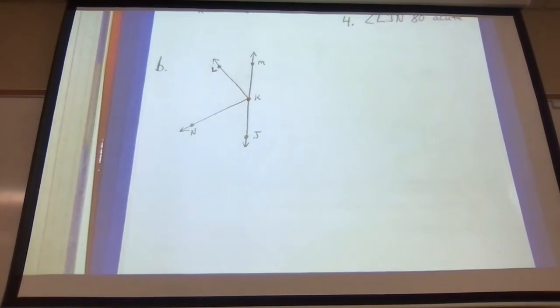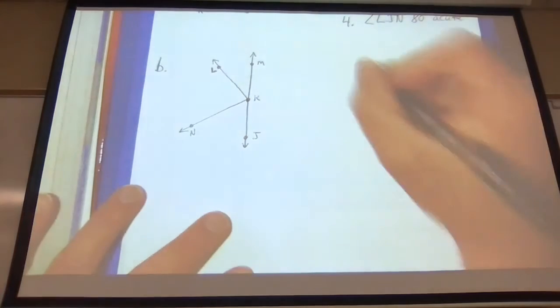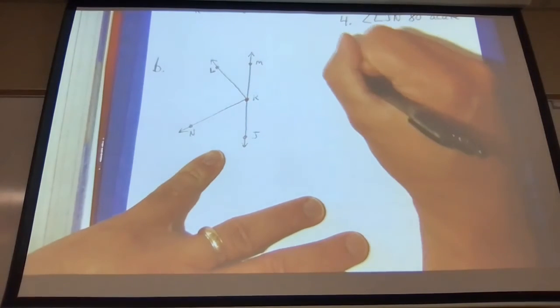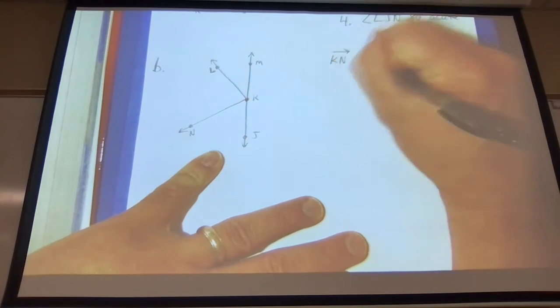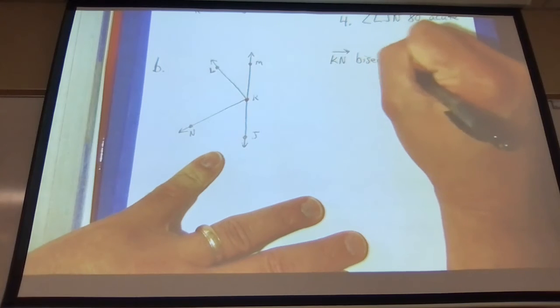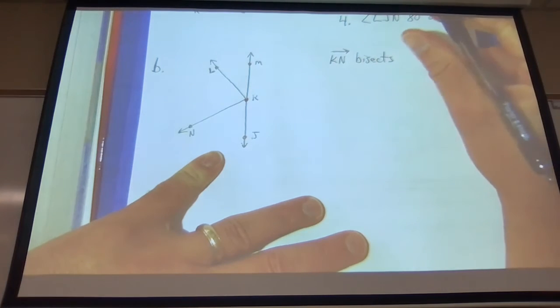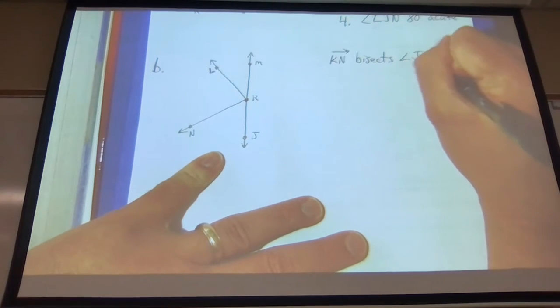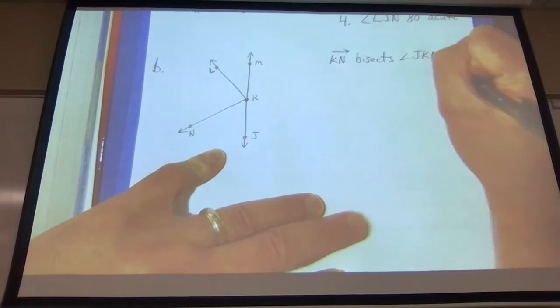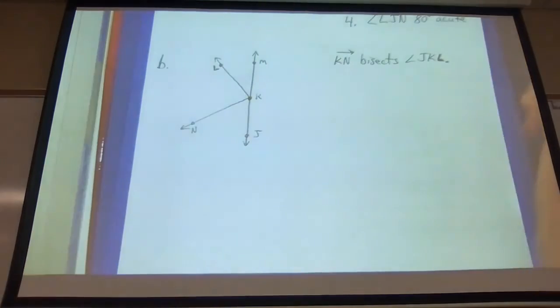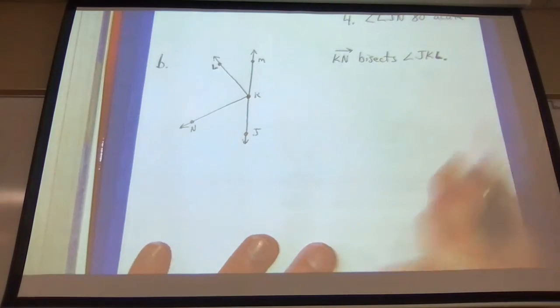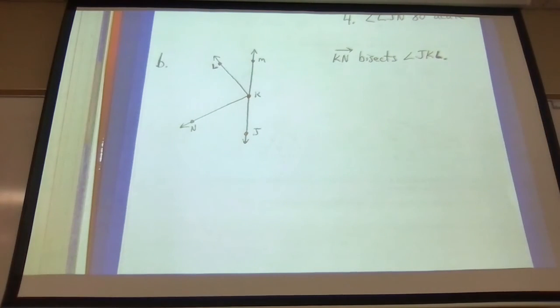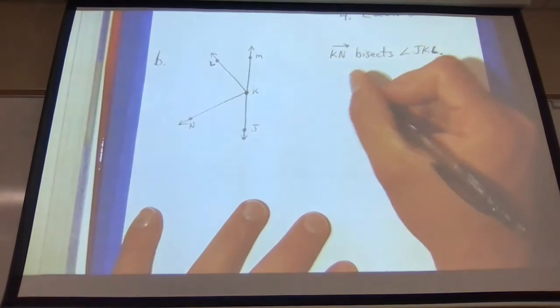Now, in this picture, instead of putting things into the actual picture, they're going to give you some directions. They're going to tell us that ray KN bisects angle JKL. That will be given to you in the directions. And then here's where the algebra comes in.